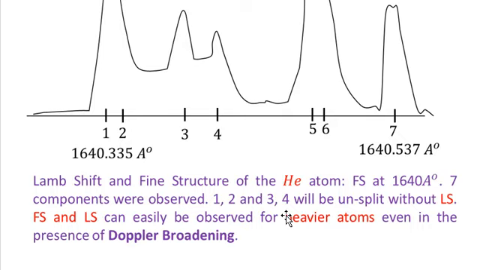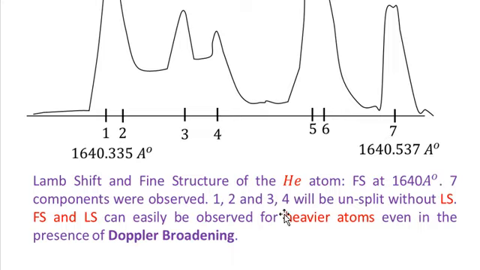1, 2, and 3, 4 will be unsplit without Lamb shift. That is, if you don't include Lamb shift, then 1 and 2 and 3 and 4 will merge together and will show a single peak. Fine structure and Lamb shift can easily be observed for heavier atoms, even in the presence of Doppler broadening.